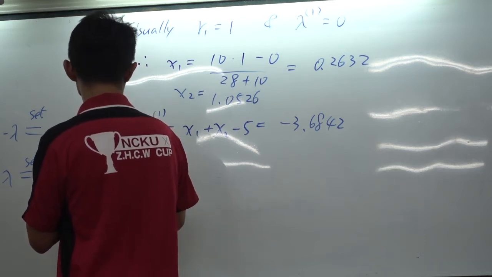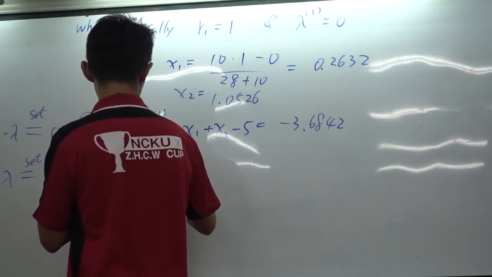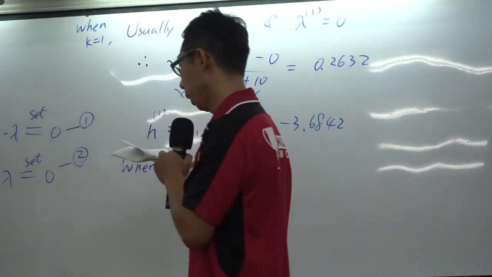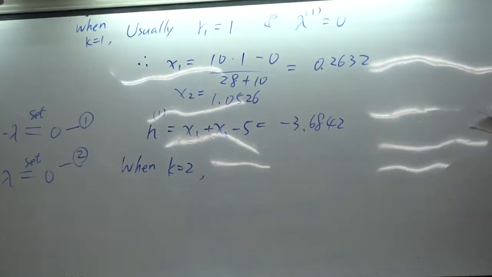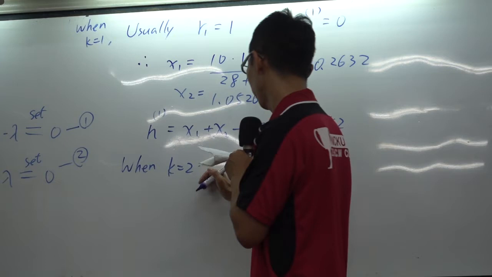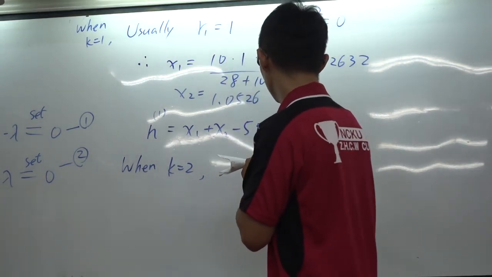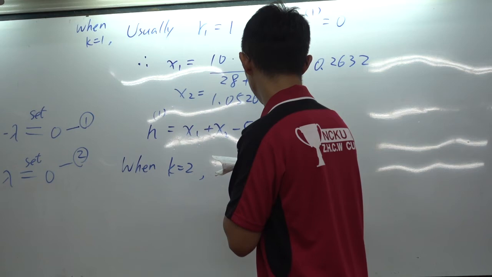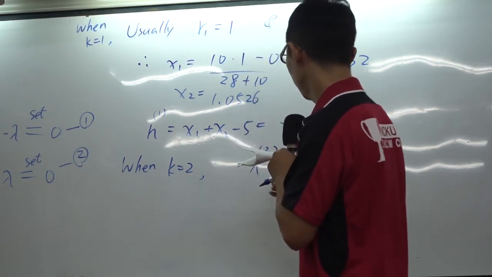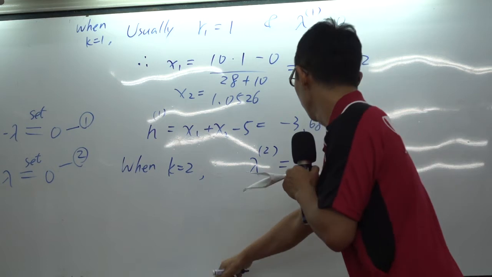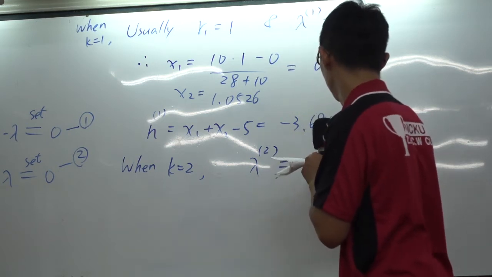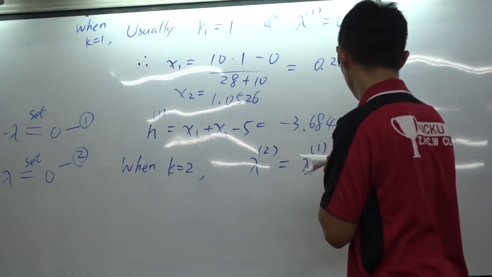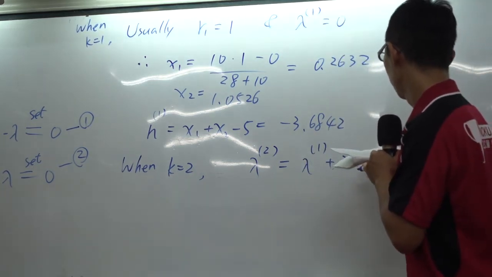Then when k equals 2, what do we need to have? Now we need to use the update formula for the new lambda. I wrote it over here, but let me directly write it down so that you remember. We update lambda in this way: lambda k plus 1 equals lambda k, that is lambda 1, plus 2 times r.